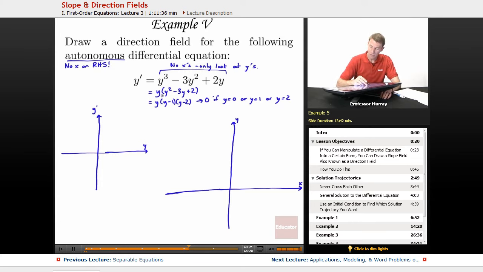And so I'm going to graph this function y cubed minus 3y squared plus 2y. What I know is that it has zeros when y is equal to 0, y is equal to 1, and y is equal to 2. I think I'm going to make this a little bigger and give myself a little more space. I'm not going to use the negative side so much, so I'm going to give myself more space on the positive side.